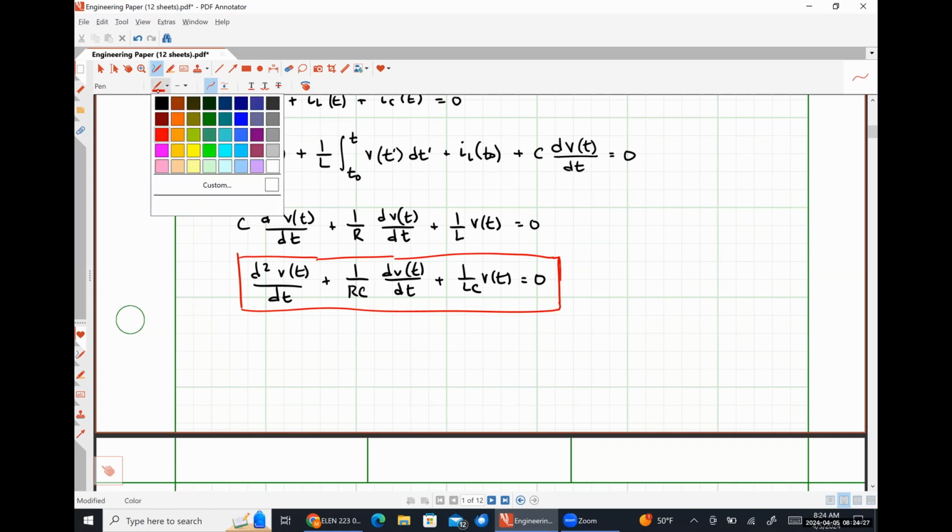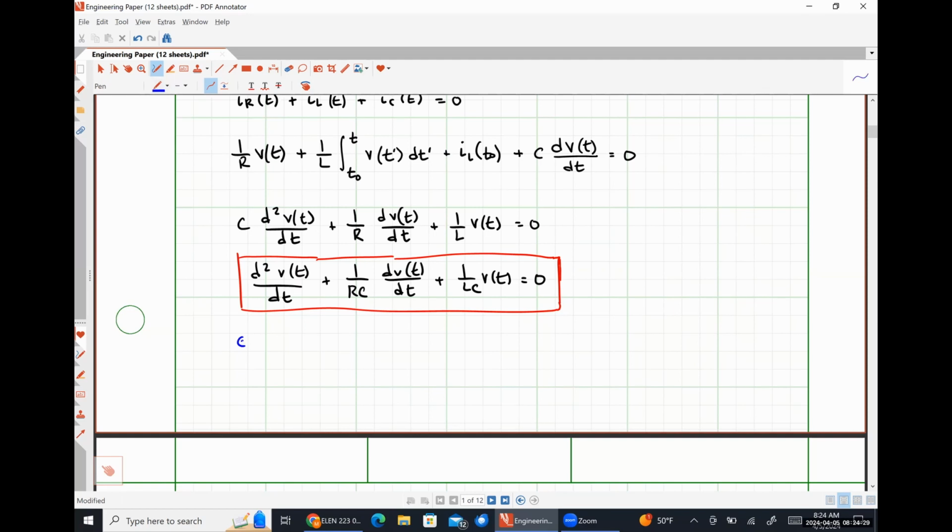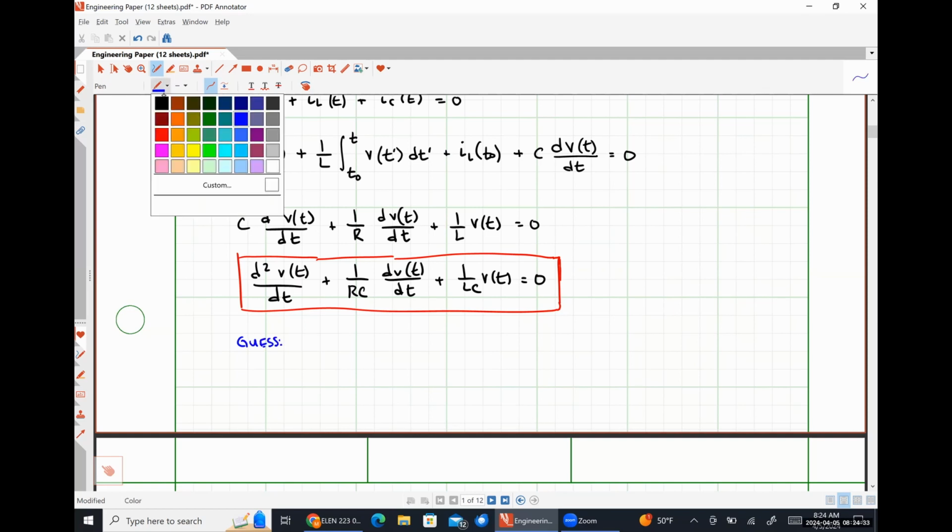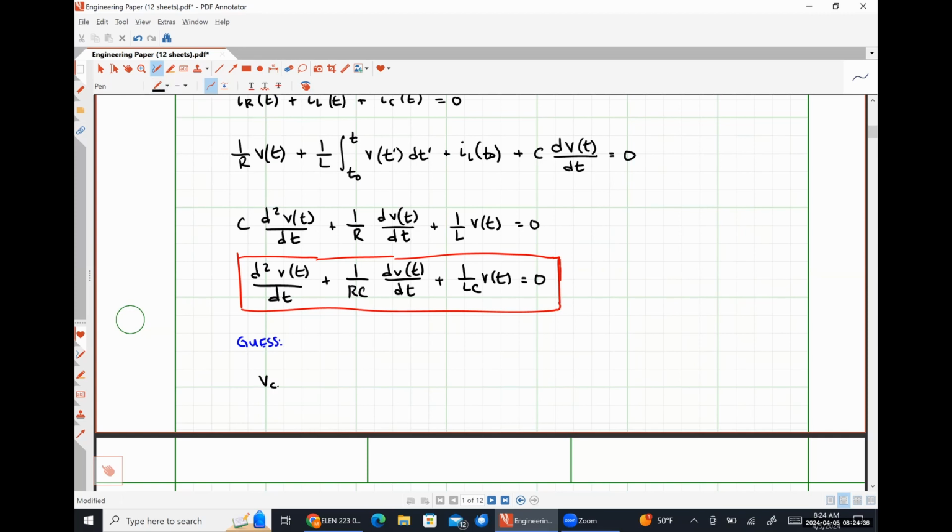So we are going to guess that our capacitor voltage in this system will generically be of the form A e to the st volts.